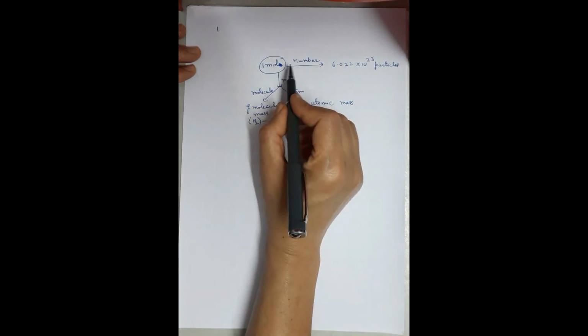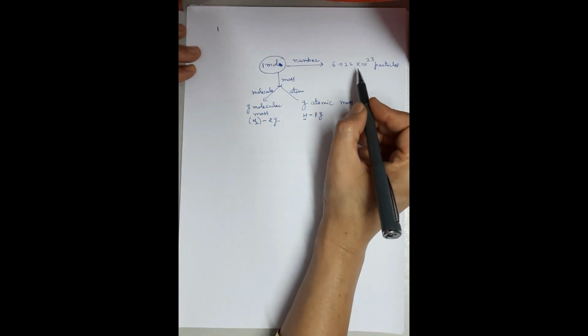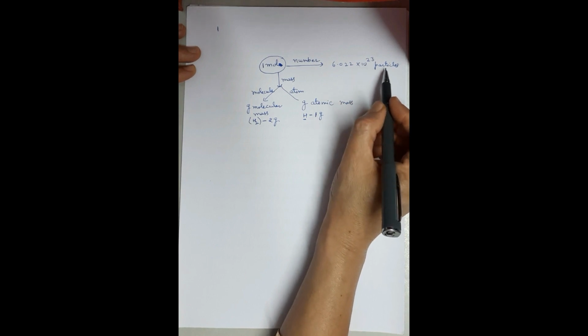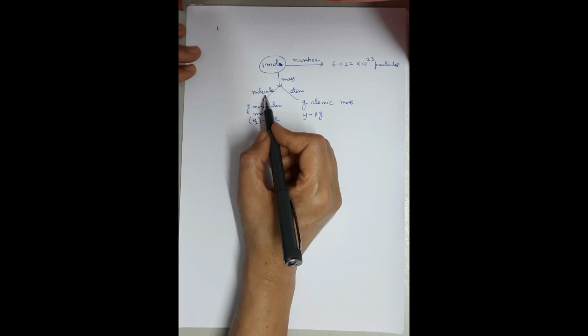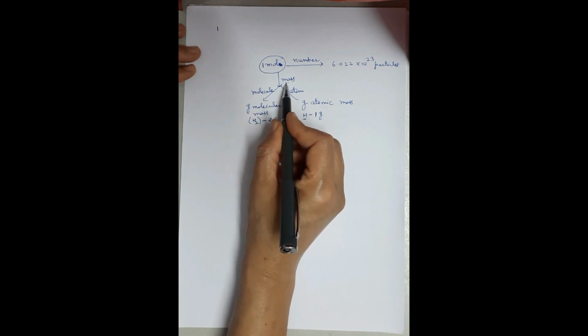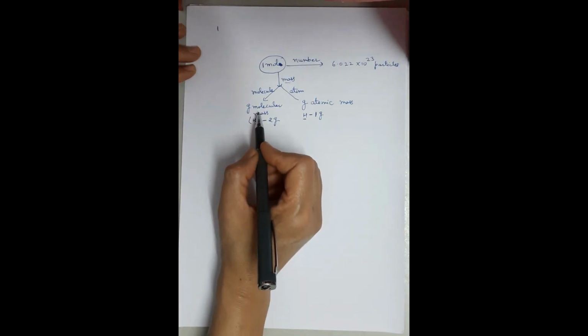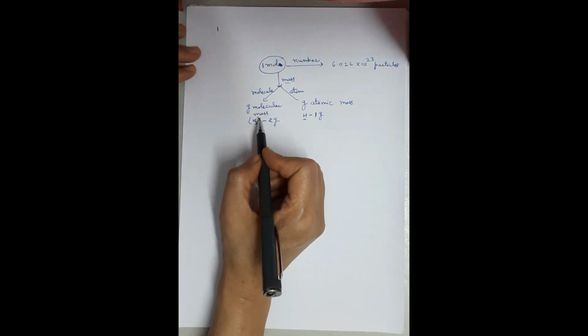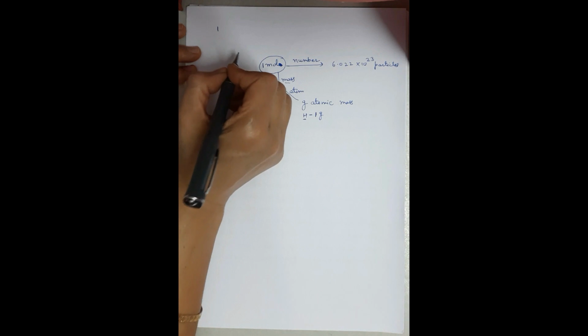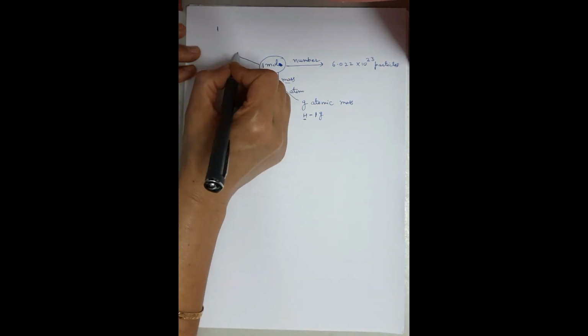So 1 mole in number is equal to these many particles, atoms, or molecules. But when you express it in terms of mass, it is equal to gram atomic mass, and in case of molecule it is equal to gram molecular mass. We can also express it in terms of volume.